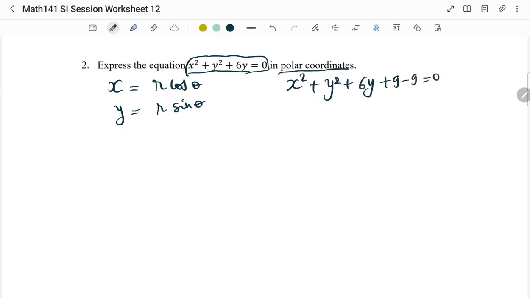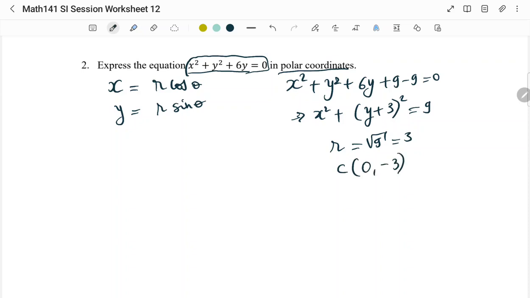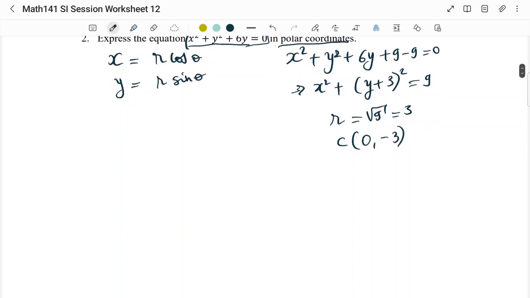So you can try to complete the square there, and you find x squared plus y plus 3 squared is equal to 9, which is the equation of a circle with radius equal to root of 9, which is just 3, and center being equal to 0, minus 3. Those are the coordinates of the center, right? So we have the radius.